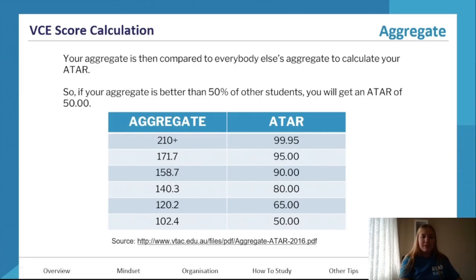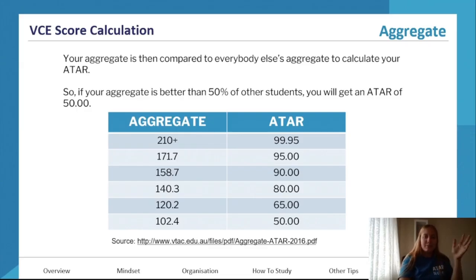What does that mean? It means that a lot of students have aggregates that are very, very high. So then there's a wide range and there's a lot of competition. So the effects of your aggregate start to become pretty significant on how much it's going to affect your ATAR.